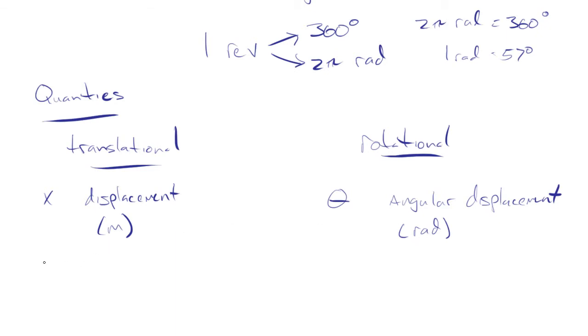In translational motion, we had a velocity, measured in meters per second. In rotational motion, we have an angular velocity, which we give the symbol omega. That's a Greek letter omega. I know it looks like a W, I'm sorry. And we measure that in radians per second.